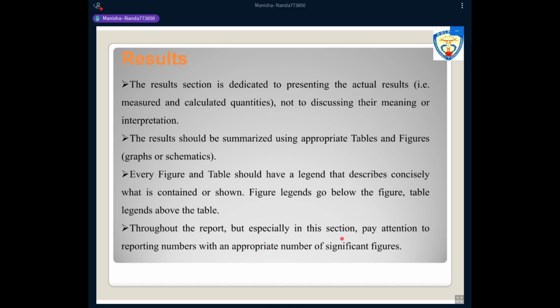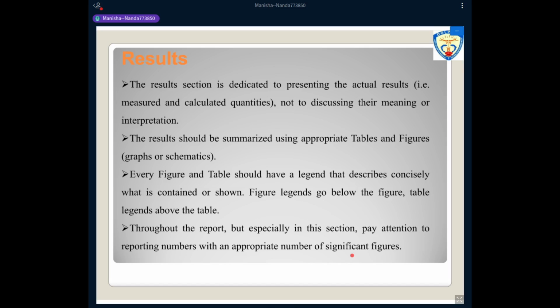Throughout the report, but especially in this section, pay attention to reporting numbers with an appropriate number of significant figures. Since you are giving specific data in tables, you should be very careful while mentioning those results, because if you miss a decimal, it is going to change the meaning of a complete result, right?